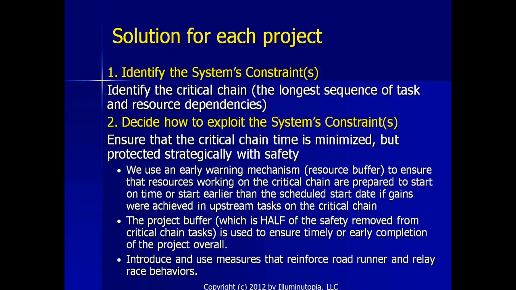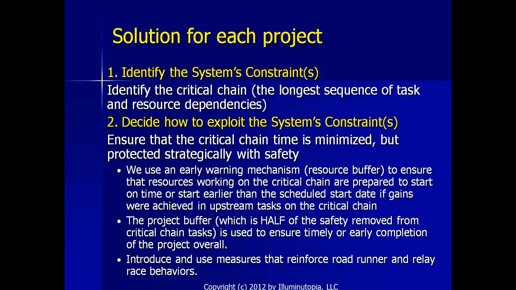So what do we need to do to make sure that we get the most out of the critical chain? We need to minimize the critical chain time, but protect it strategically with safety. So how are we going to do this? One, we're going to use an early warning mechanism, what we call resource buffers, to ensure that resources working on a critical chain are prepared to start on time or start earlier than the scheduled start date if gains were achieved in upstream tasks on the critical chain.